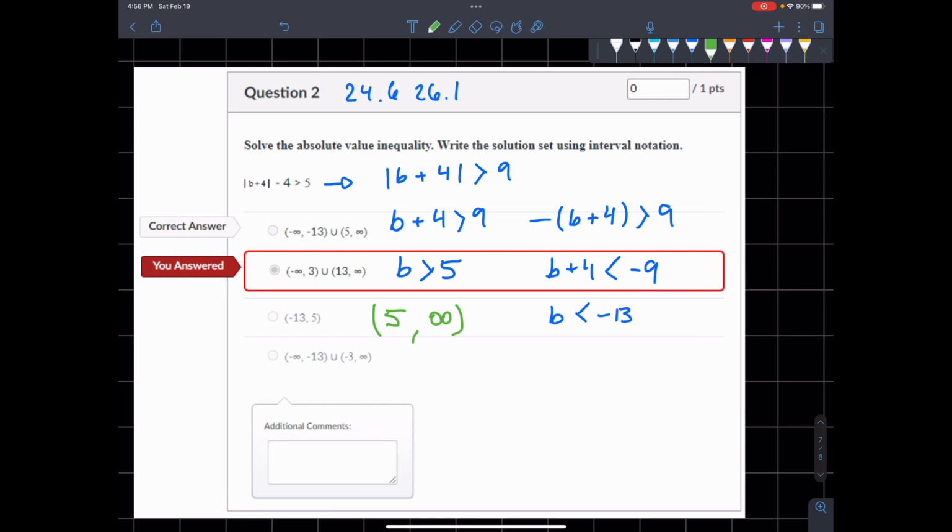Now, again, if we're writing this in interval notation, it's all numbers from negative infinity to negative 13, not including negative 13. So negative infinity to negative 13, and then a round bracket, a soft bracket, because we are not including negative 13. And therefore, the only answer that includes both of those domains is going to be this one right here.